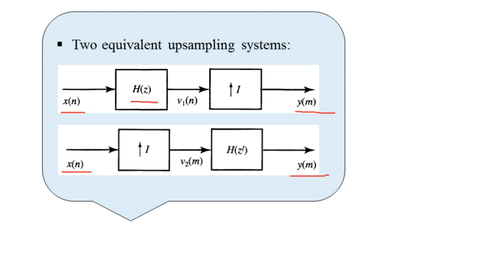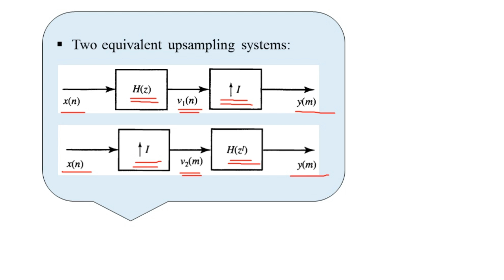First we have the filter function H of z, the intermediate stage discrete time signal v1 of n, followed by the interpolation or upsampling by the integer factor denoted by capital I. In the second type of implementation, which is equivalent to the earlier one, first we have the upsampling by factor I. The intermediate signal is v2 of m. Then we have the use of the filter function H of z to the power capital I here.